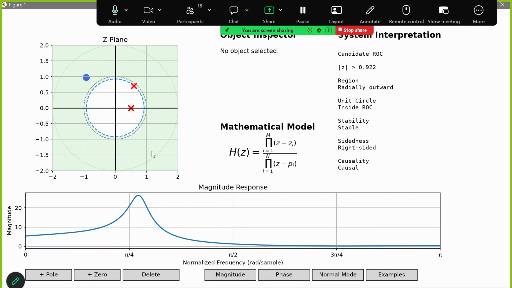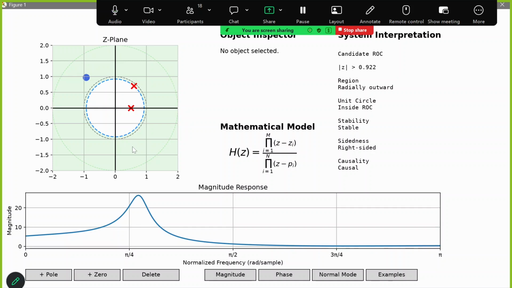And more importantly, here you can see there is this unit circle, a circle of radius 1, drawn with this black dashed line. This unit circle is very important because this is the Fourier transform circle, I would say. Basically, this is where the Fourier transform is defined. If you want to define the DTFT, the discrete time Fourier transform, you can simply take the Z transform and evaluate it for the values of z that lie along this unit circle.